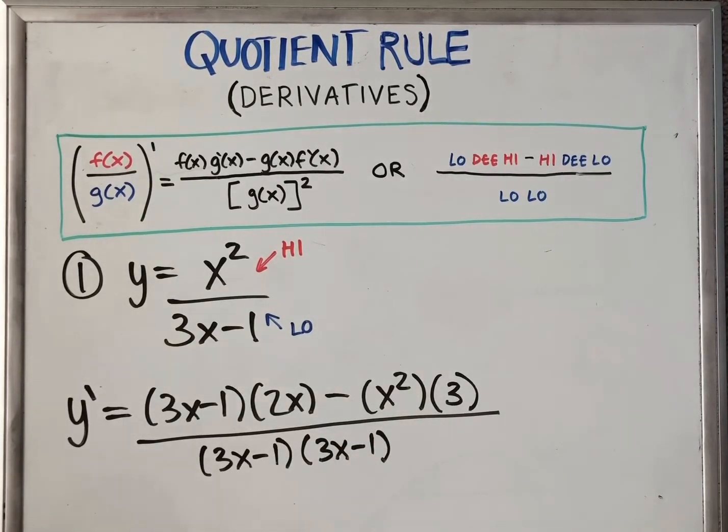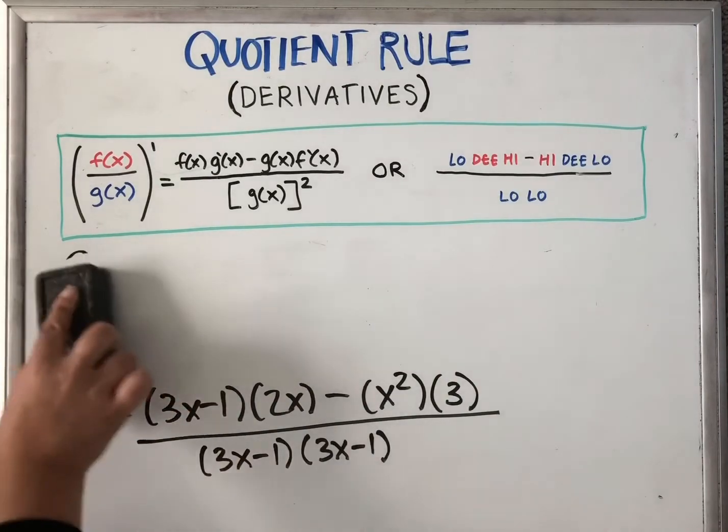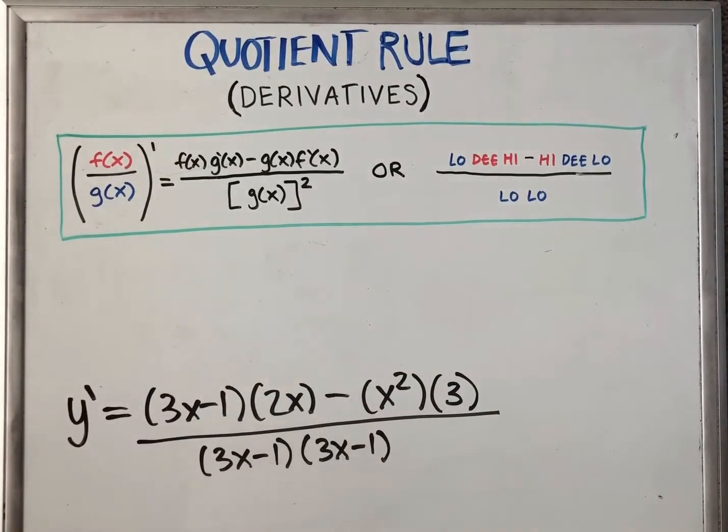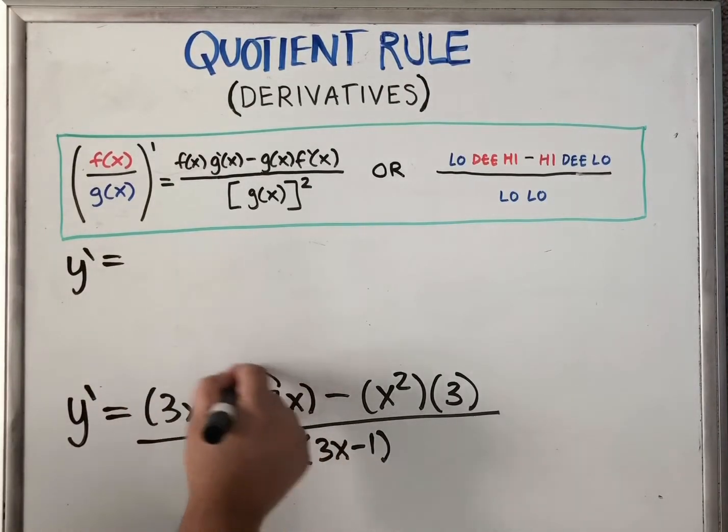Okay, so that's basically your setup. Now all you have to do is simplify this. Just to make a little more room for myself, I'm going to erase my problem here and simplify this down. So y prime is equal to, distribute this through.